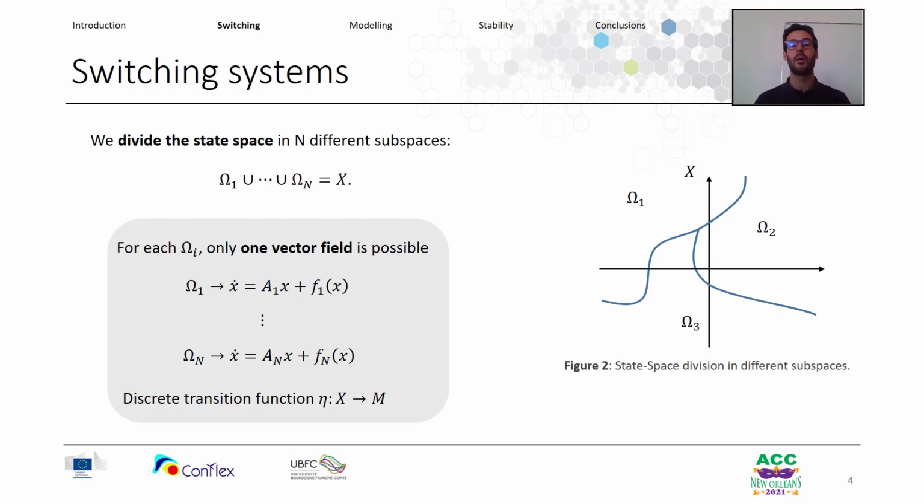Then we allow only one vector field to be active in a certain subspace, and therefore we are implicitly assuming that our discrete transition function gives us the active discrete state in a certain instant of time, depending on the position of our state inside the state space, and in particular if it belongs to a certain subspace or another one.